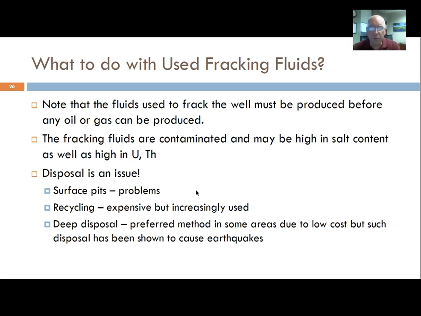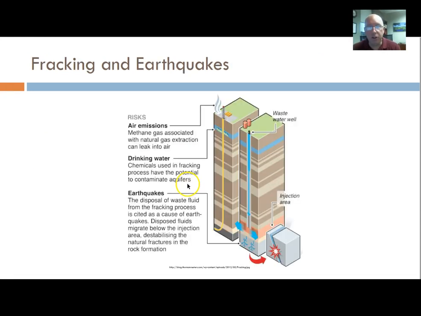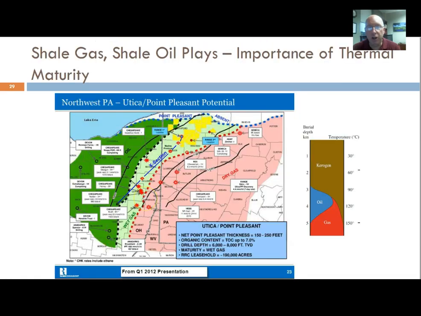When Oklahoma, and to a much lesser extent, Texas, had problems with earthquakes, it was because of disposal of the water that was produced from these unconventional wells, and that they were pumping too much volume of water at too high a pressure into the disposal wells in Oklahoma, and that's what was causing the earthquakes. And again, he talks about this. Remember that there's enormous, usually thousands of feet between the aquifers and where the fracking is actually occurring.